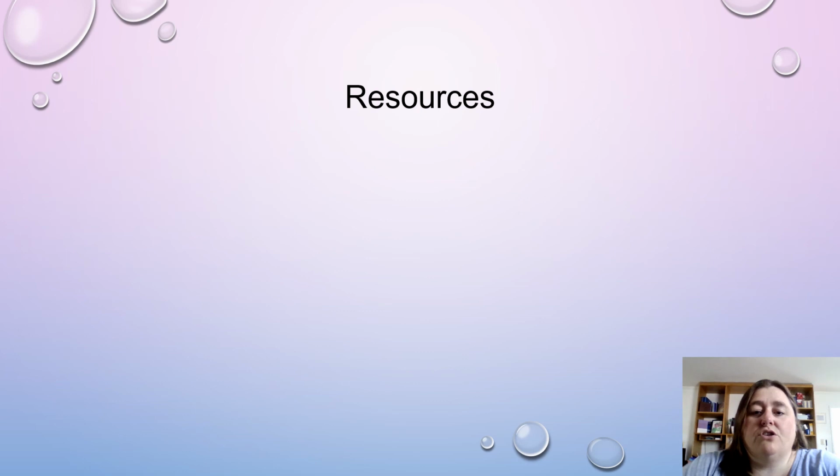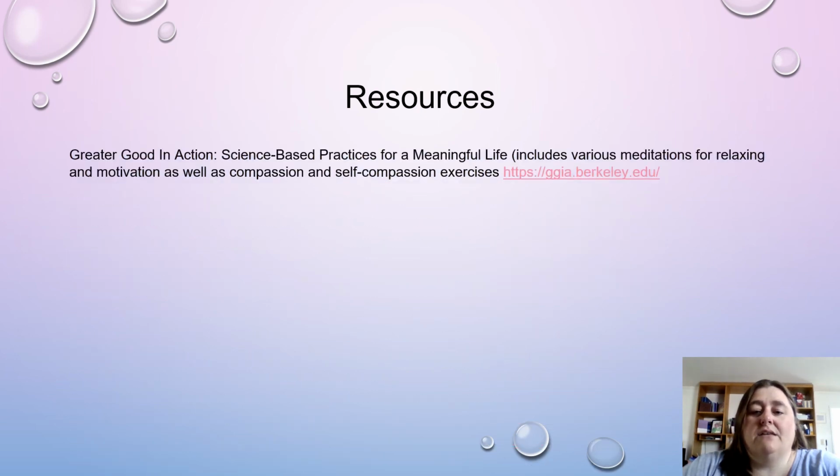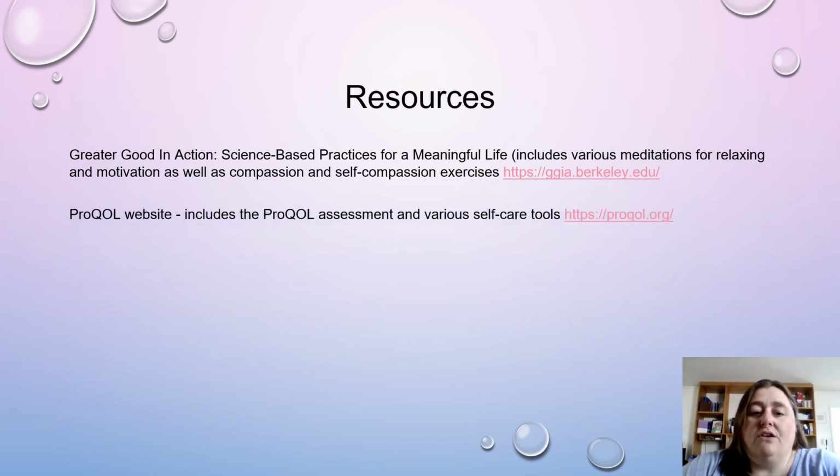There are quite a few additional resources that you can utilize to further your knowledge in this area. The Greater Good in Action Science-Based Practices for a Meaningful Life through berkeley.edu is one resource that you can check out. There's also the ProQOL website. So this particular website link will take you to the ProQOL site itself and not just the assessment.